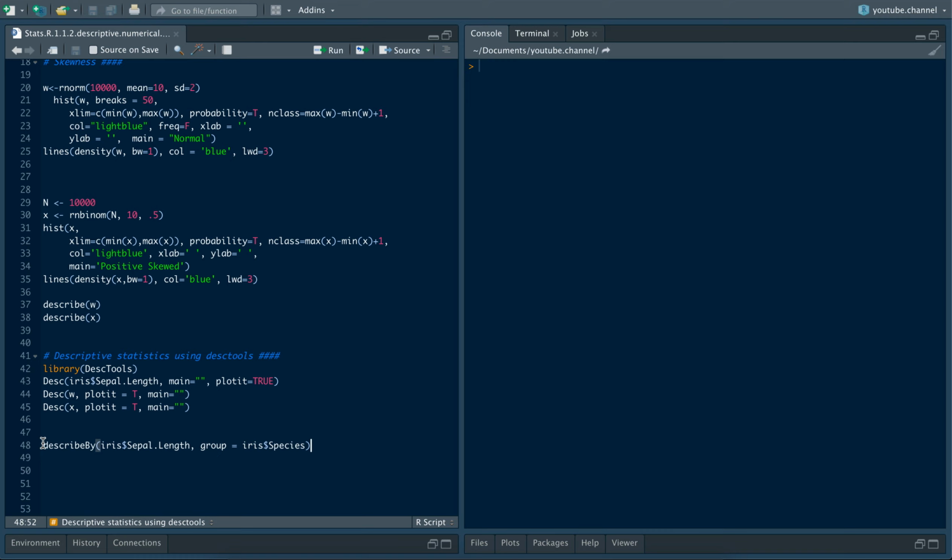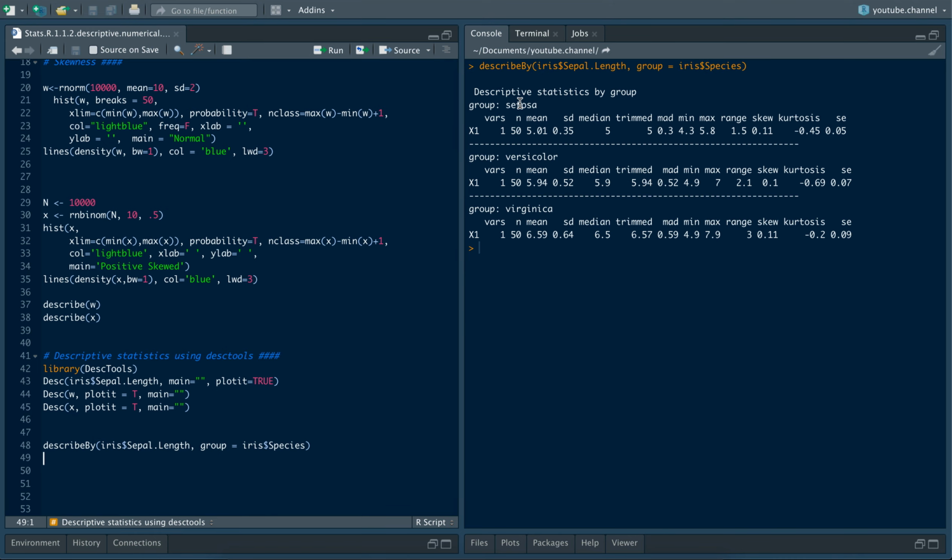And this time, again from the library psych, we call describeBy, and if we run this, we basically have the same descriptive statistics, but divided by group. In this case, we have three groups, of course, setosa, versicolor, and virginica, each of them with 50 samples, and all of them provide you the mean, the standard deviation, and all the rest.